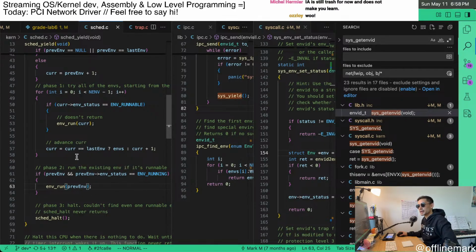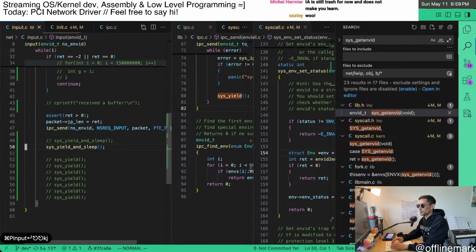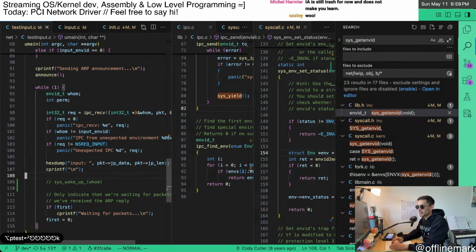But anyway, that shouldn't matter, I guess, because we're just trying to disable this. We're just trying to really prevent this thing from running until it's explicitly allowed to. And so we have our input, so that's what we're doing over here. And then on the test input.c, oh shit, I gotta go.